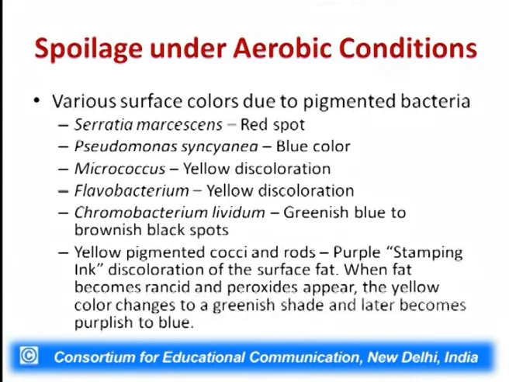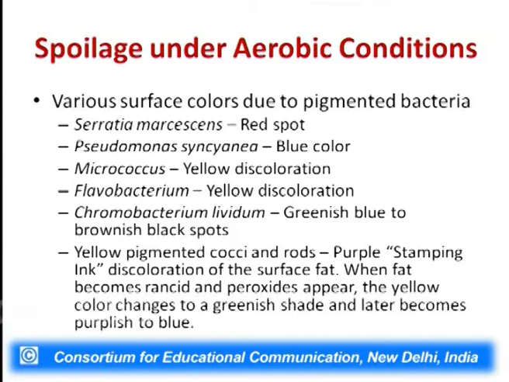Then another bacterium, Chromobacterium lividum, produces greenish blue to brownish black spots. Yellow pigmented cocci and rods are known to cause purple stamping ink discoloration of the surface fat.